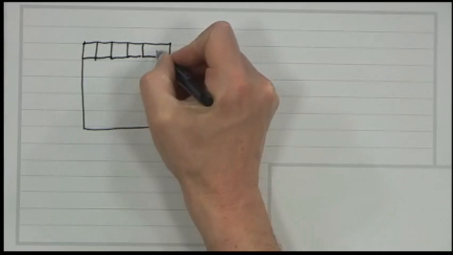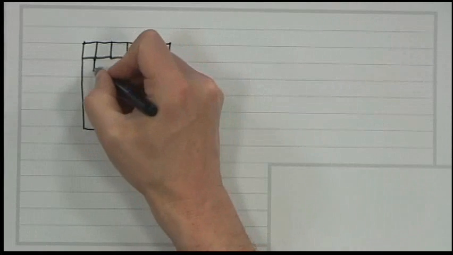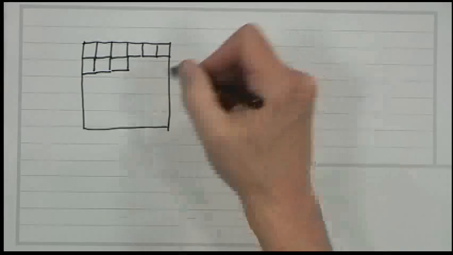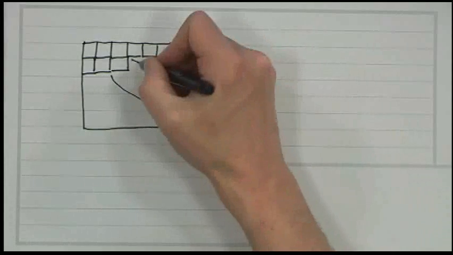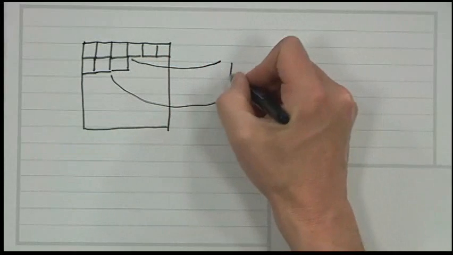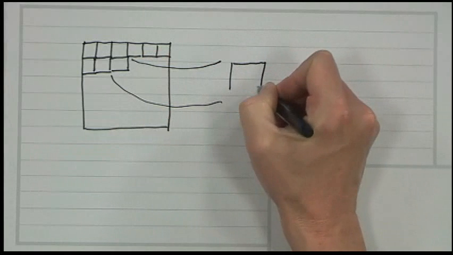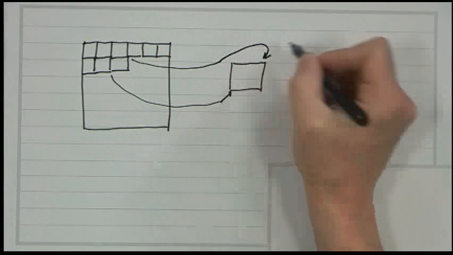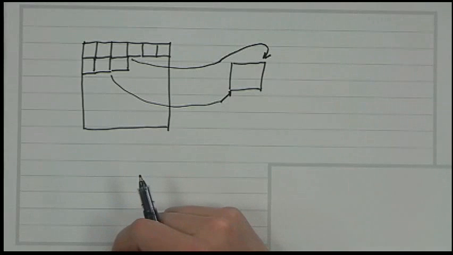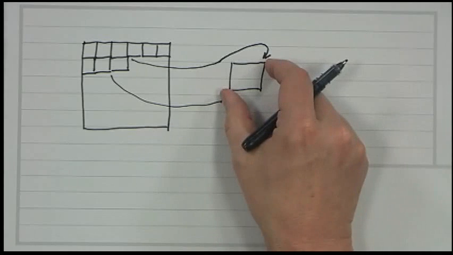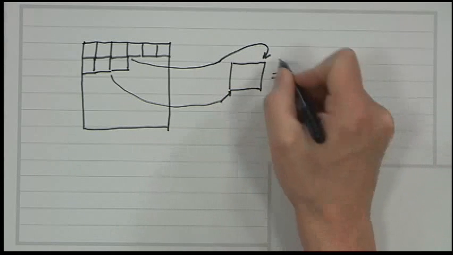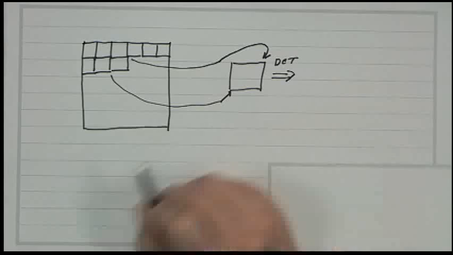Then you take one of these 8 by 8 blocks, and you take a DCT, discrete cosine transform.